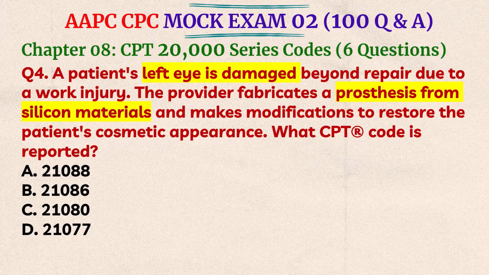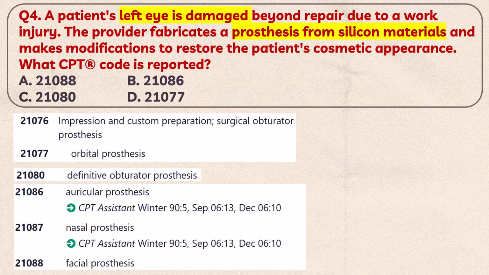So let's go to the codes. Once you go to the code, 21,076 is impression and custom preparation, surgical obturator prosthesis, orbital prosthesis. So 76 is obturator prosthesis, 21,077 is orbital prosthesis. In our case, the prosthesis is for the left eye.